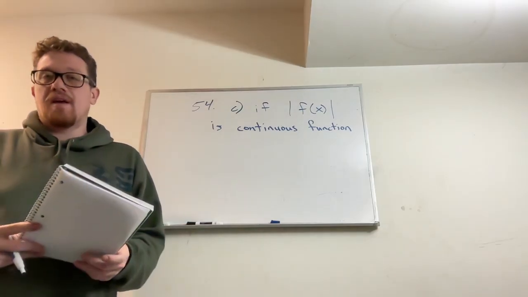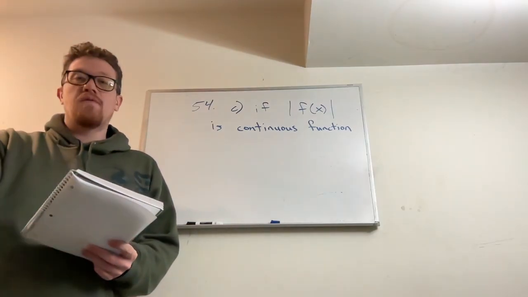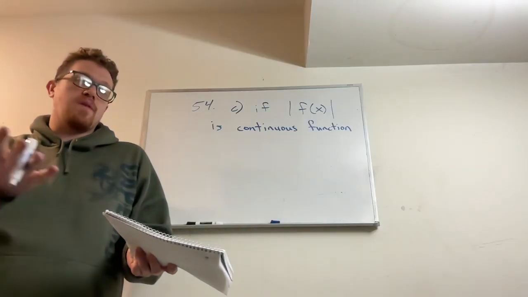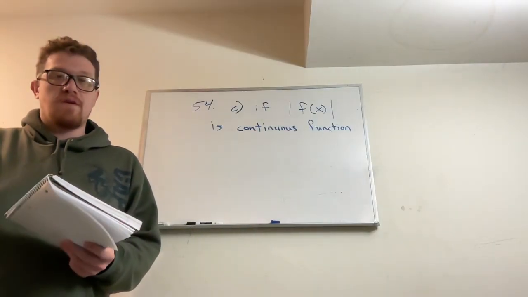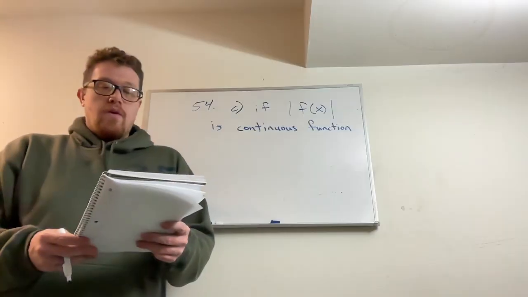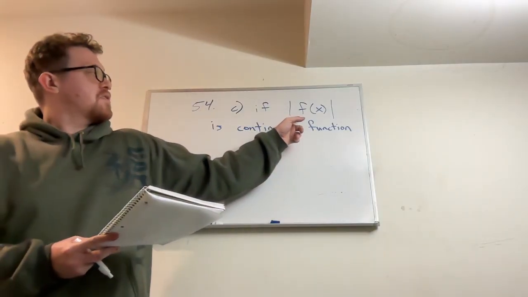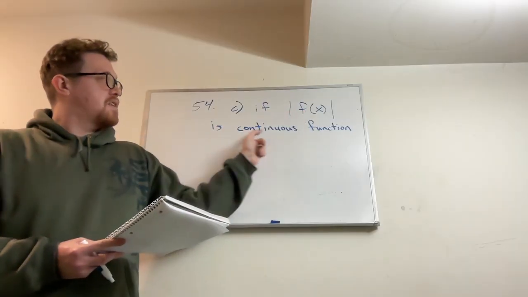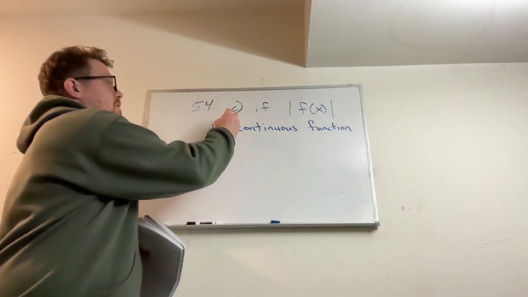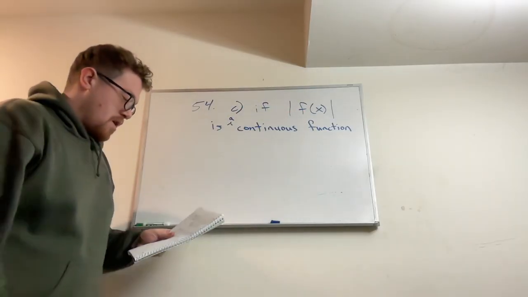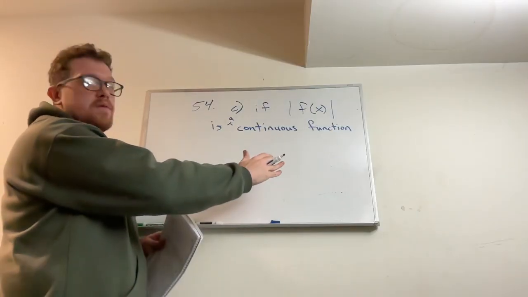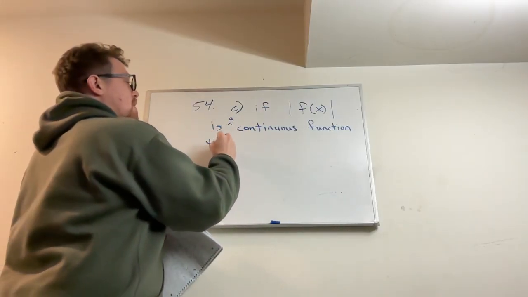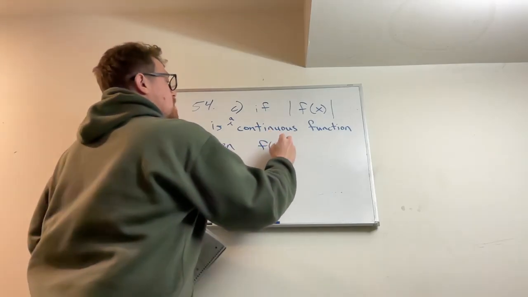And this is a common thing in math: if you want to disprove a particular theorem, sometimes it's enough to just offer one example where the theorem is not true, and therefore the theorem is not always true. So we either want to prove that if the absolute value of f of x is a continuous function, then f of x is continuous.